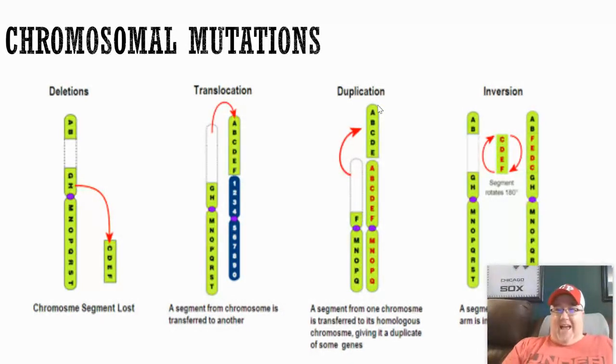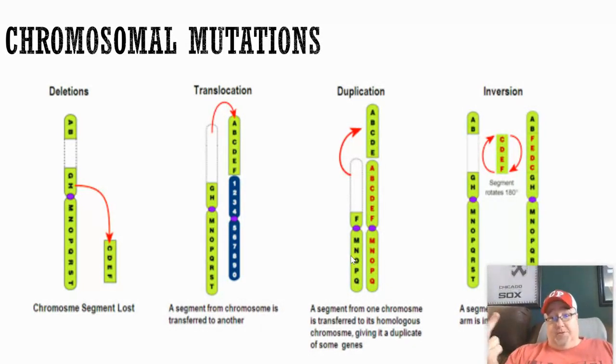Duplication is kind of similar to translocation, except instead of the genes being put on a completely different chromosome, they're actually put on the homologous chromosome. So, for example, let's say this is chromosome number 2, and you have two of those. You have two chromosome 2s.